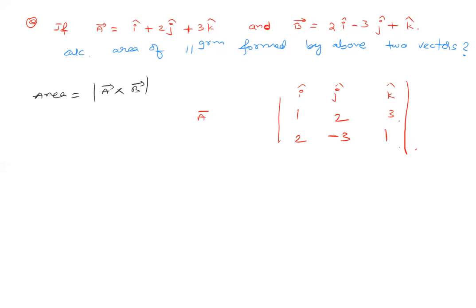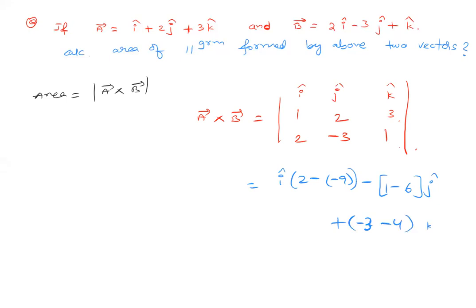So a bar cross b bar is i cap into (2 minus of minus 9), minus j cap into (1 minus 6), plus k cap into (minus 3 minus 4).